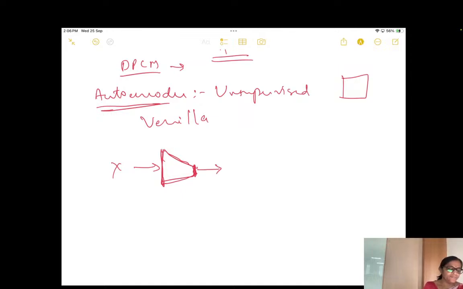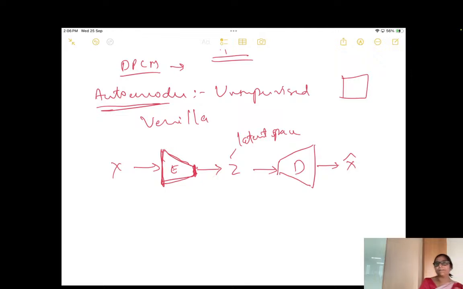What you get is some different variable Z, which we call the latent space. Z is given to a decoder, and what you get back is X cap.